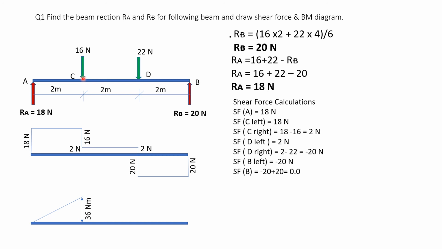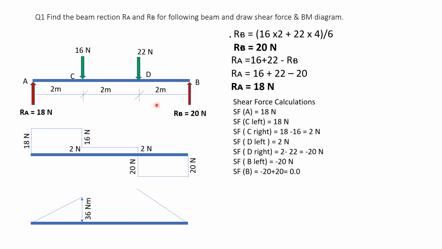Now I can directly come here. Bending moment at B is 0, and bending moment at D, when I consider the left hand side, there is only one force, 20, and its distance from D is 2 meters. So 20 into 2 is 40. So bending moment at D is 20 into 2, 40, and RB going up, again it is positive, so plus 40 Newton meter.